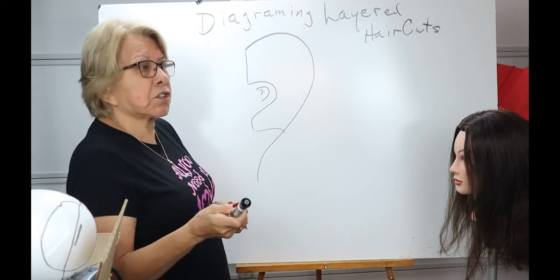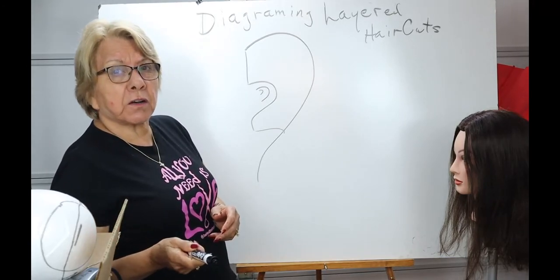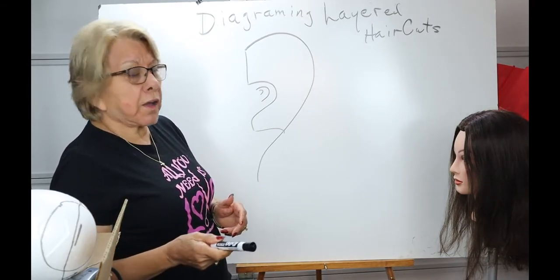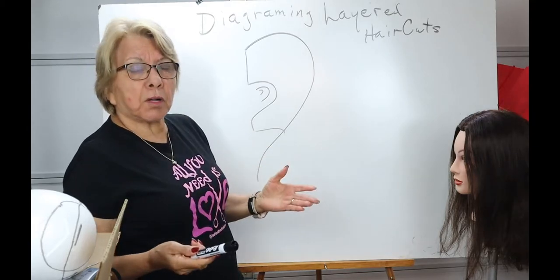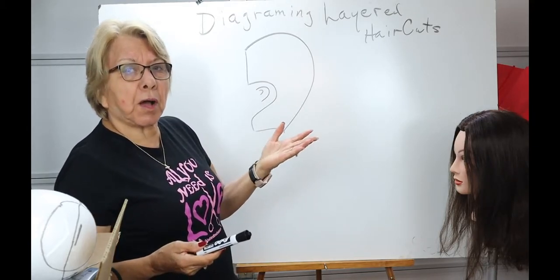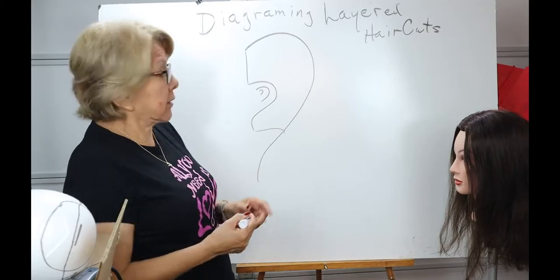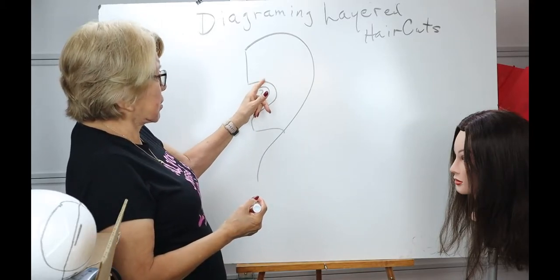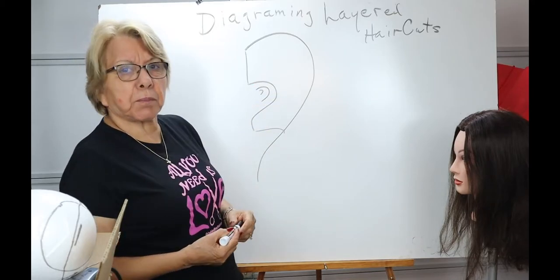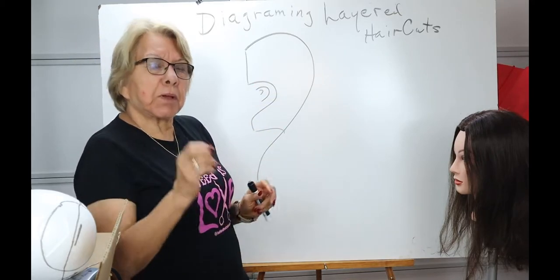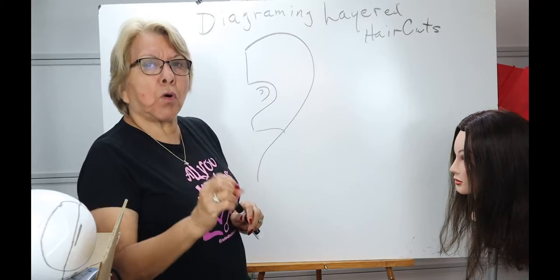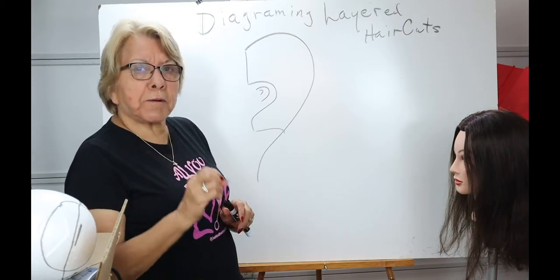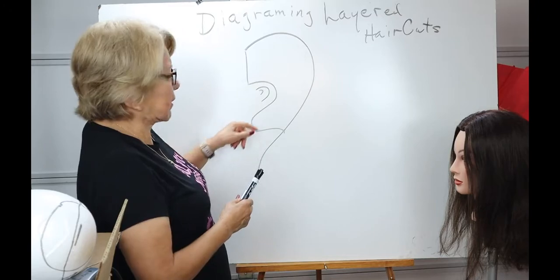Remember, if you've watched the video on doing a uniform layer, and you're wondering why from a bob you go into a mullet when you're trying to create layers in a bob, well, it tells you why. It has everything to do with this area right here, just above the ear, traveling down into the nape line. Everything to do with it, because you're taking it to one point. So when you take it to one point, it's going to reflect this.